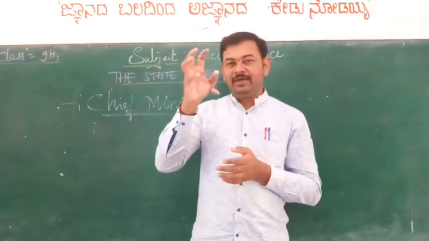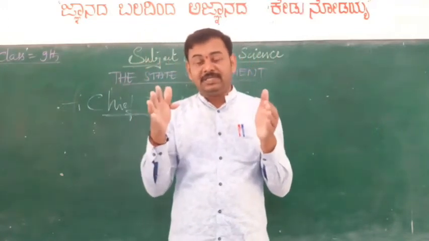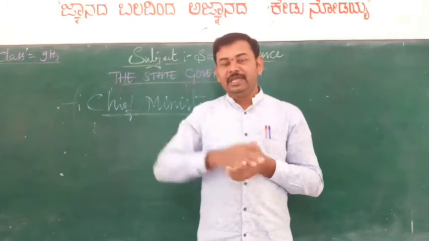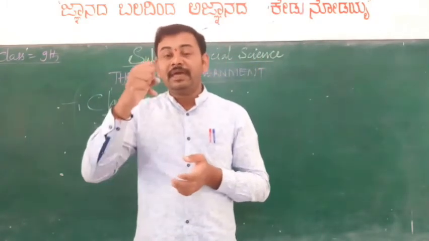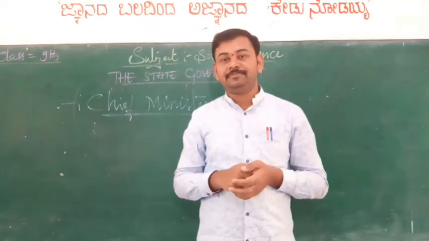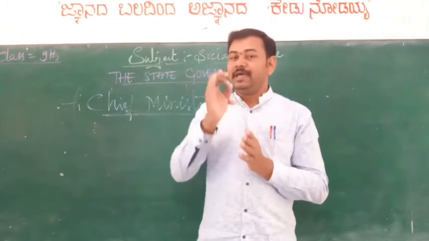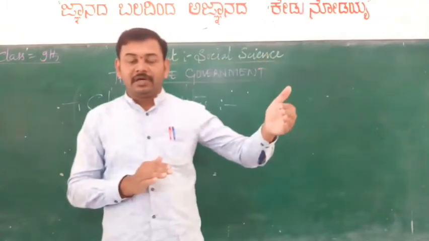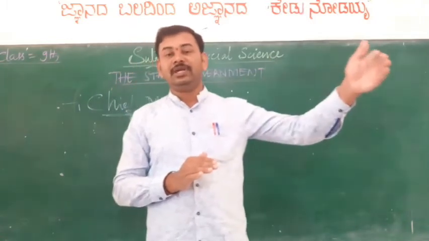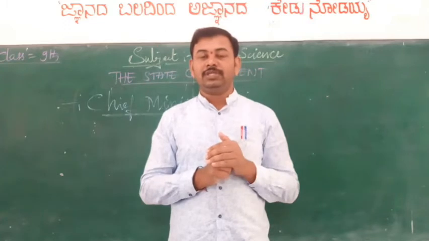My dear students, the success or failure of the state will always depend on the way the Chief Minister takes decisions. It will depend upon the capacity of the Chief Minister. Got it? The Chief Minister is the head of the state government, whereas the Governor is the head of the state executive and head of the constitution in the state.